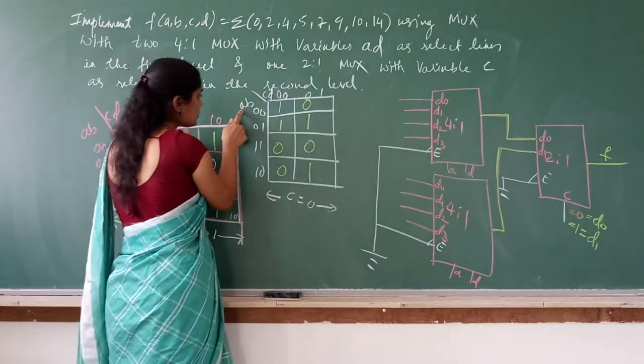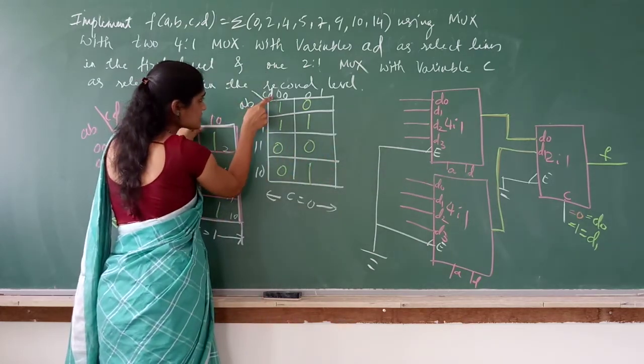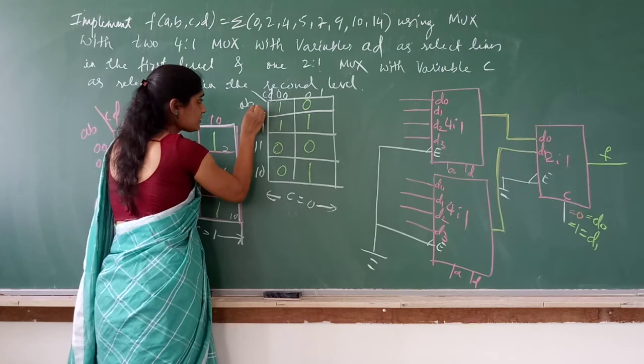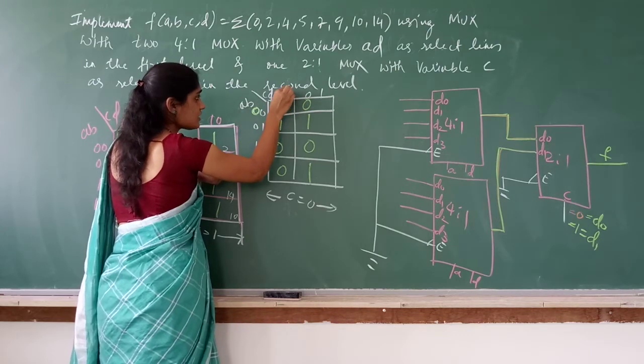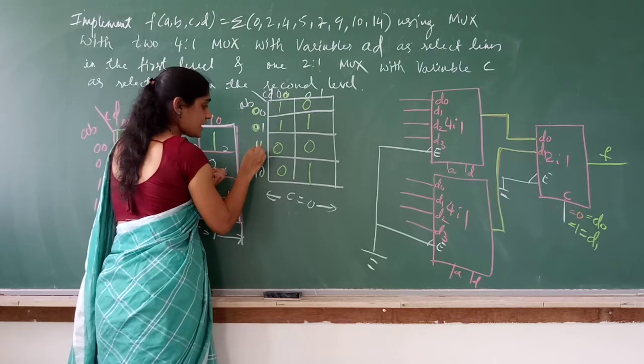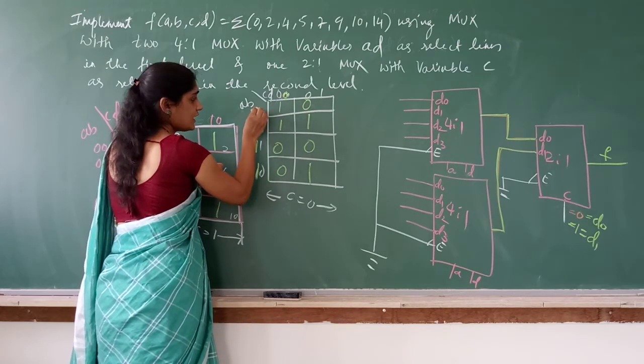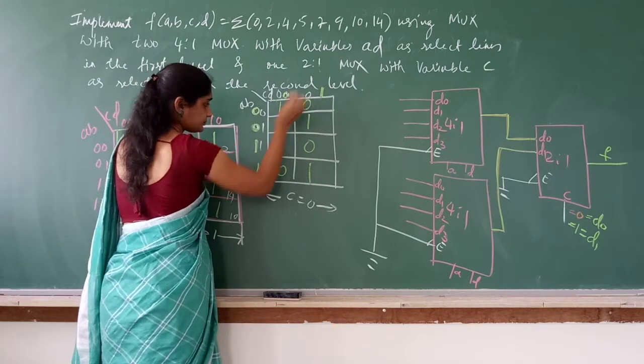So you just look into A and D because A, D are the select inputs here. A is here, D is here. So this is your A and this is D, this is A, this is D, and so on. Similarly for this, A is this, D is this.